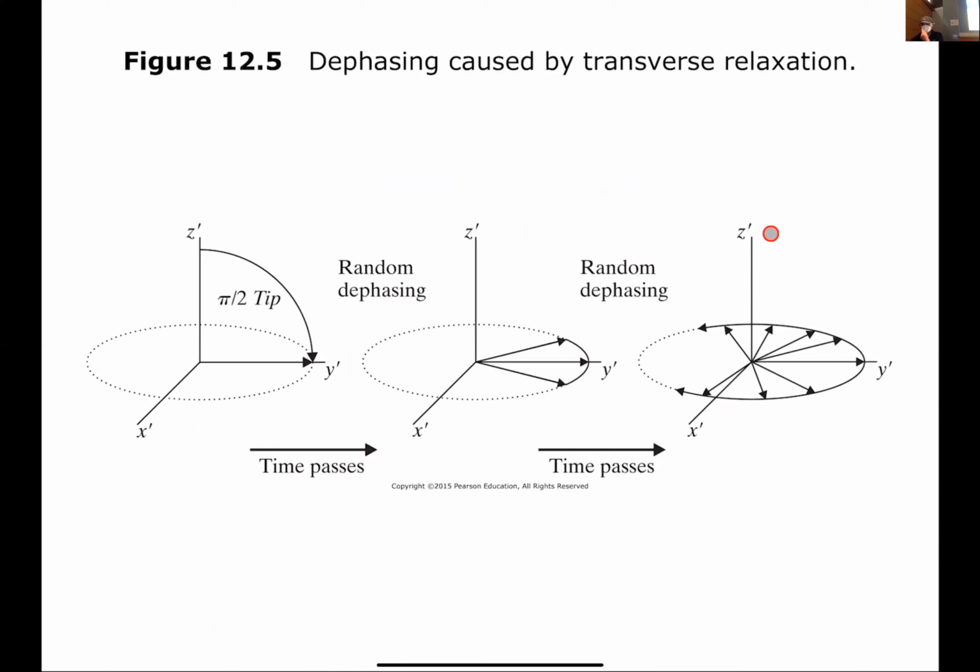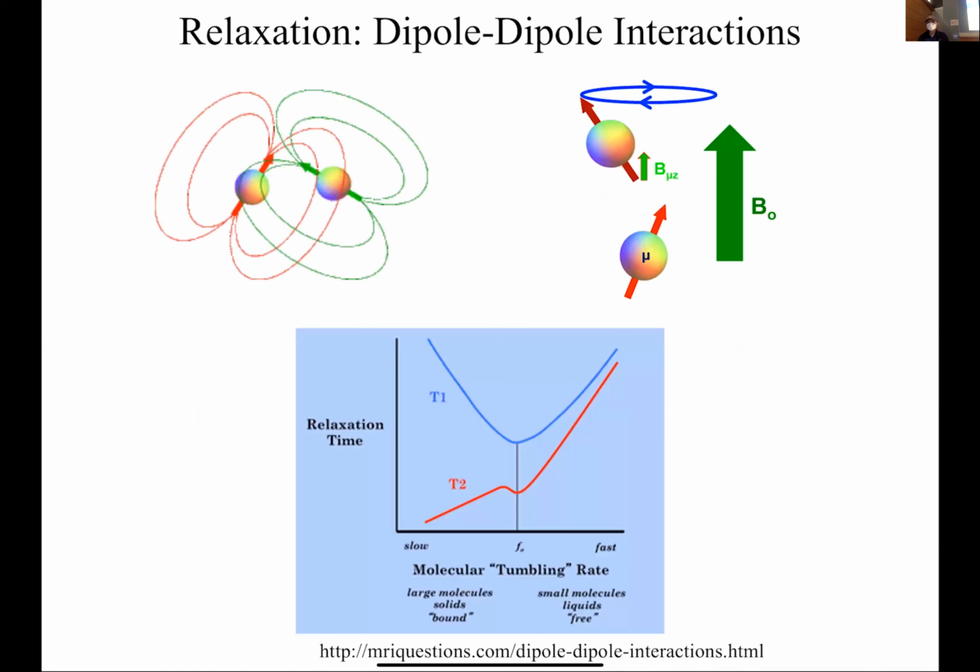And remember, T2 happens when, after excitation, we assume the spins are in phase, and then they get out of phase. As they get out of phase, there's destructive interference, and so they sum up to a smaller number. So the question is, how do spins get out of phase, and why does that depend on whether it's a solid or a liquid?